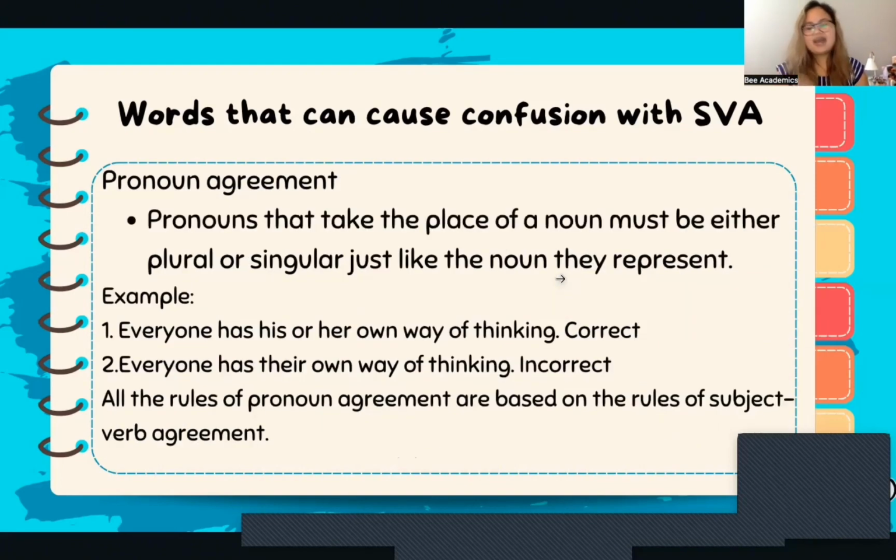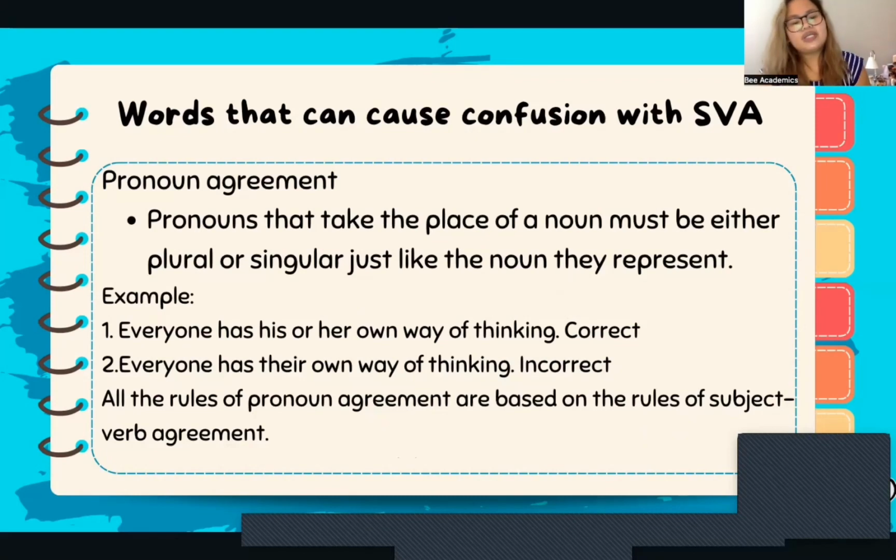Again, you do not find your subject in prepositional phrases. You cross that out and find your proper subject. And after you found your proper subject, you now identify the singularity or plurality of that subject. After that, you determine if you're going to use a verb without S or with S.